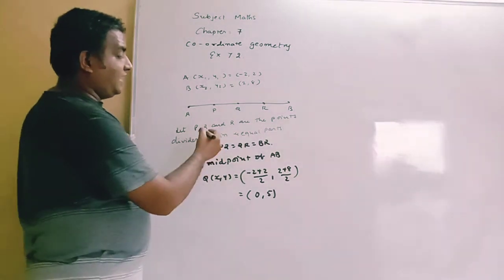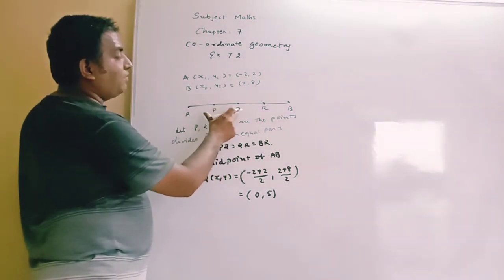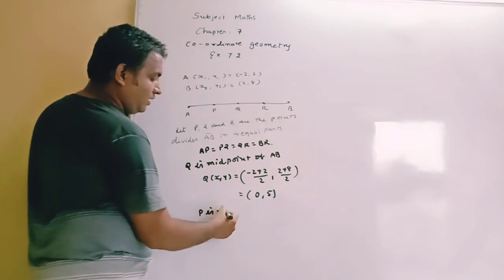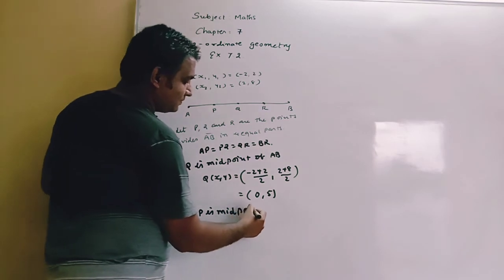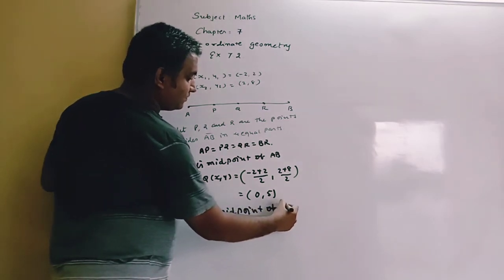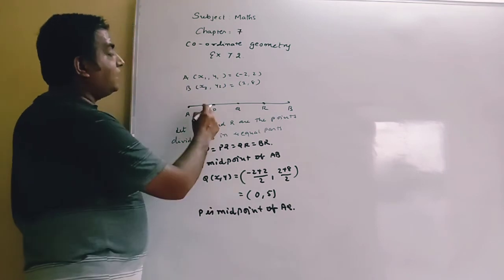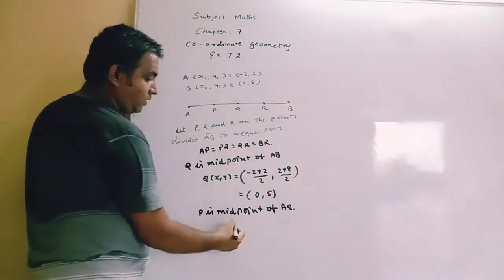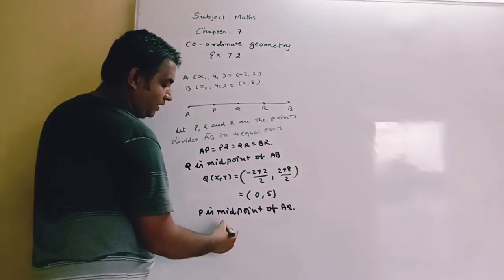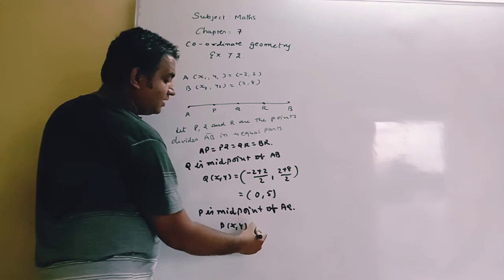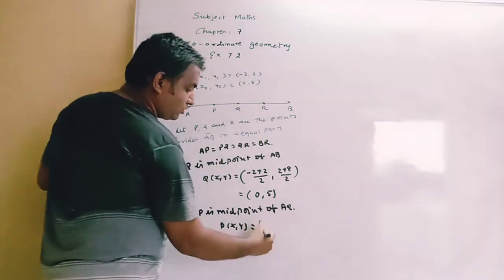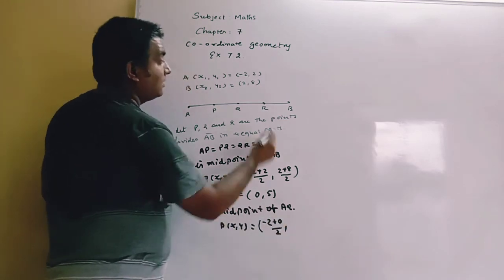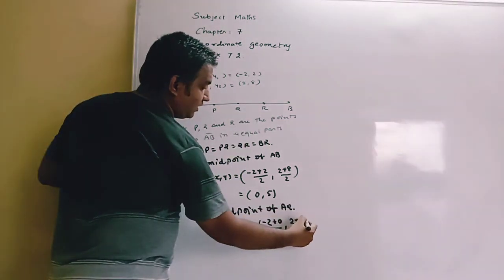Similarly, we can say that P is the midpoint of AQ, so we take the midpoint formula, and then P(x, y) we can calculate. A means minus 2 and plus 0 by 2, (2 plus 5)/2.